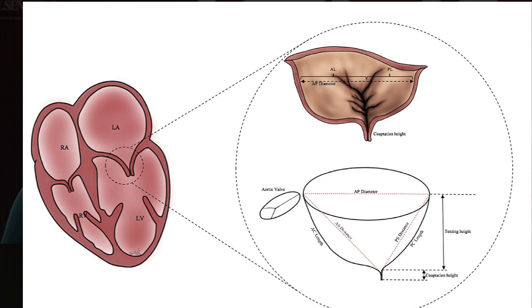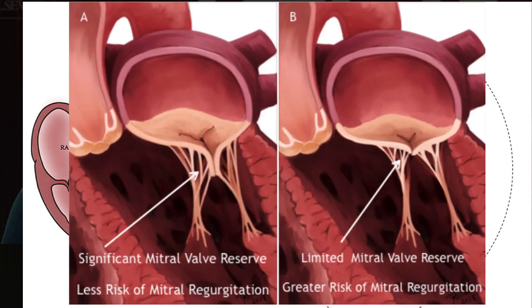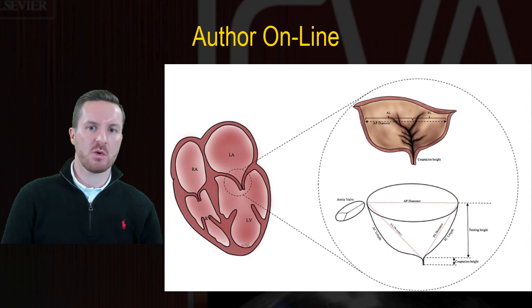Patients with a large degree of apposition have a large coaptation zone and are able to sustain these geometric changes, whereas patients with reduced apposition between the leaflets, or a reduced coaptation zone, are unable to sustain these geometric changes, and so subsequently go on to develop ischemic mitral regurgitation.